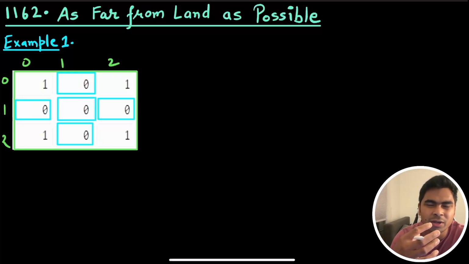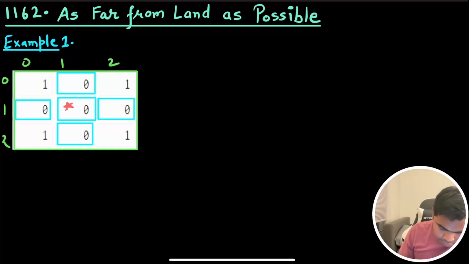From these water cells we want to find that water cell, and we're not even returning the water cell, we're returning the maximum distance to the nearest land. Okay, so what does that mean? Let's say, for example, we pick this water cell. What is the nearest land with respect to this particular water cell?